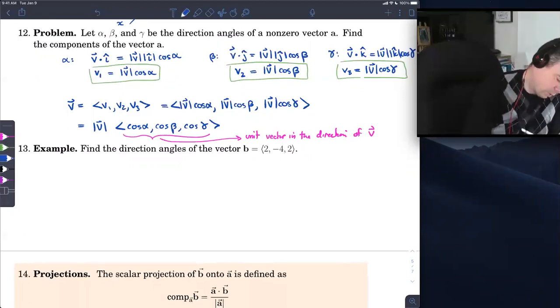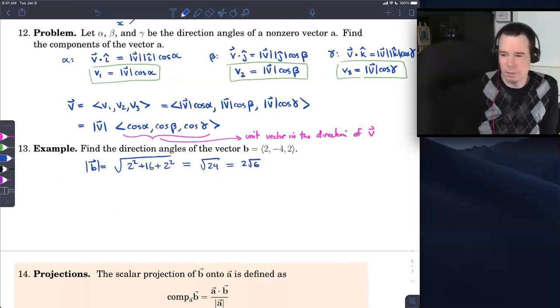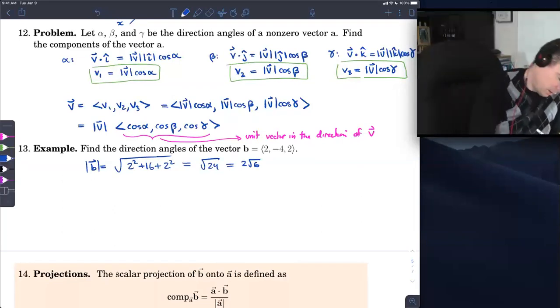So for example, the magnitude of b is given by 2 squared plus negative 4 squared, which is 16, plus another 2 squared. So that's root 24, or in other words, 2 root 6. So that's our magnitude.